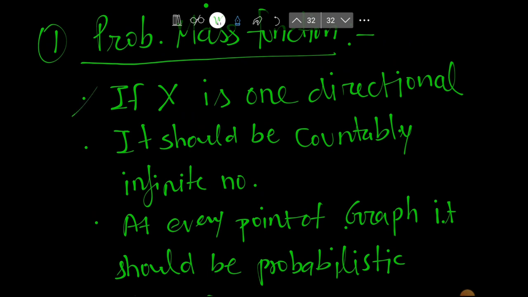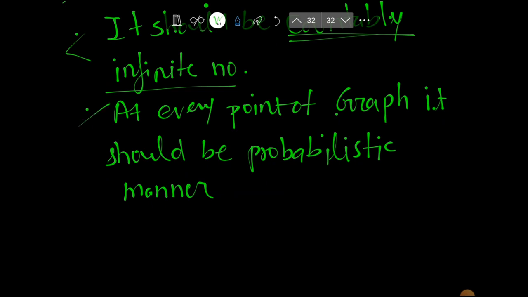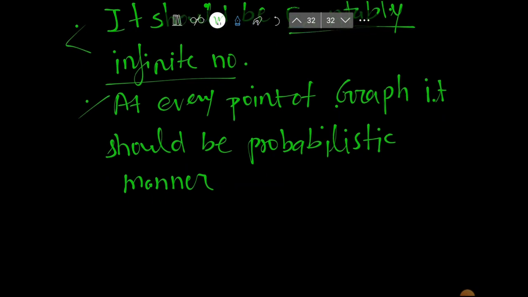So what does the first point actually mean? If x is one directional, it means only one direction, not two-dimensional. The second point is countably infinite numbers, which means we can count them, and the third point is that at every point of the graph it should be in a probabilistic manner. So that can also be defined in a function.